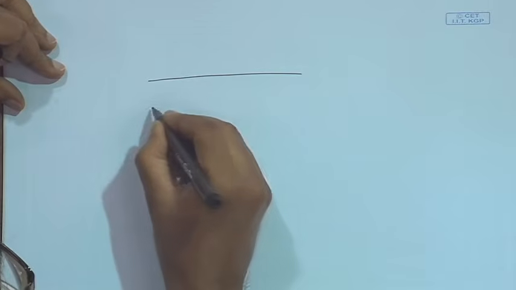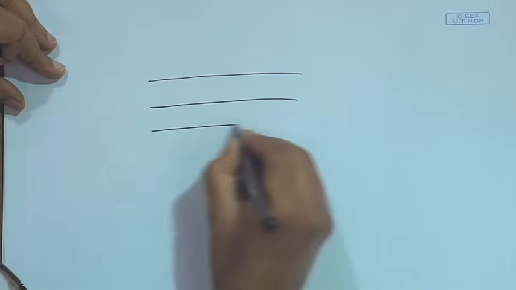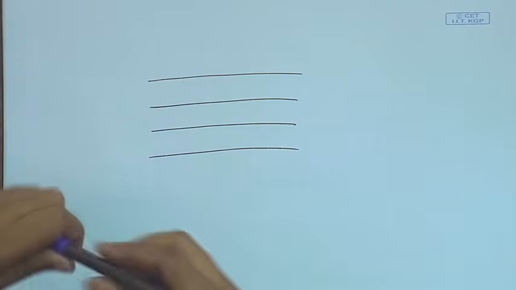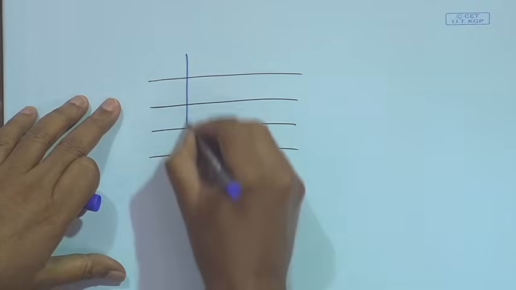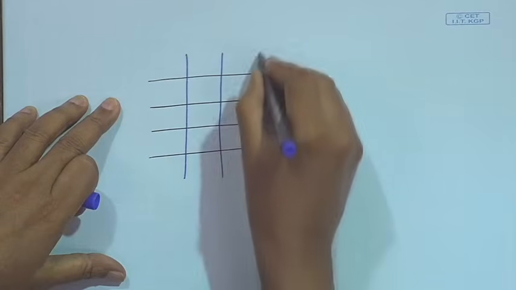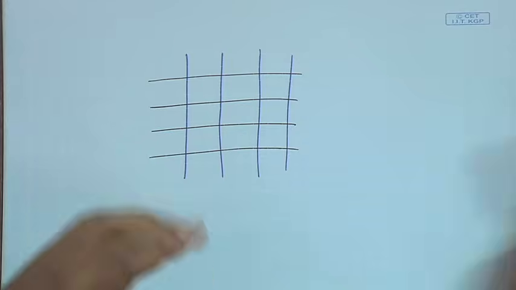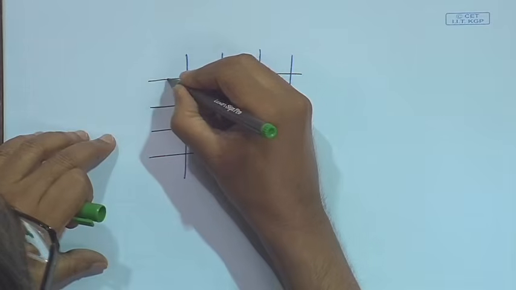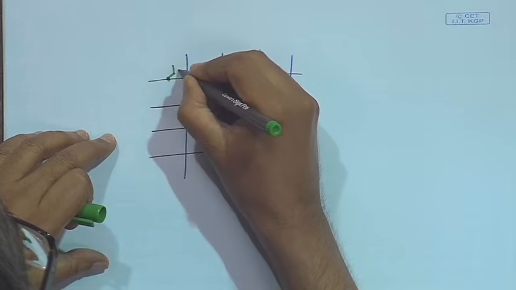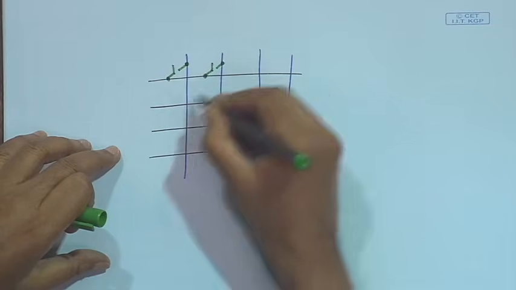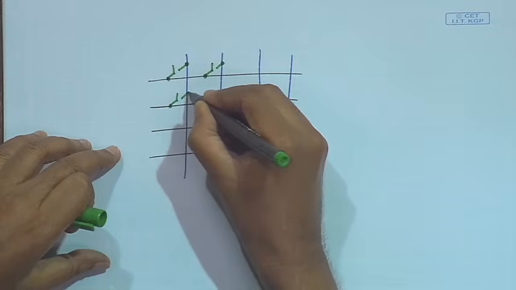Suppose I have some row lines and also there are some column lines, but they are not connecting, they are on a different layer. Now, what do we do? We connect a switch between every row and column. There is one switch connected here, one switch connected here, one switch connected here, like this.